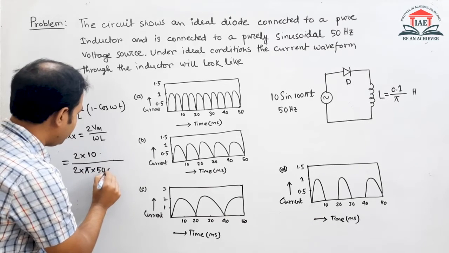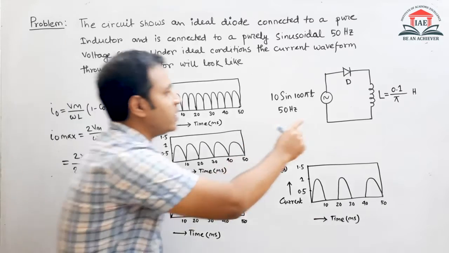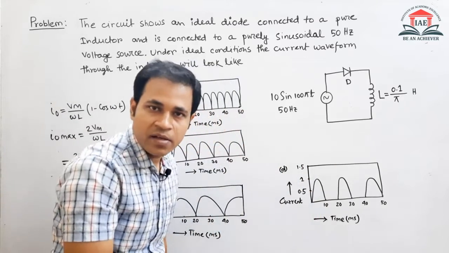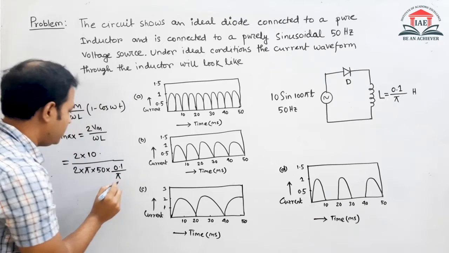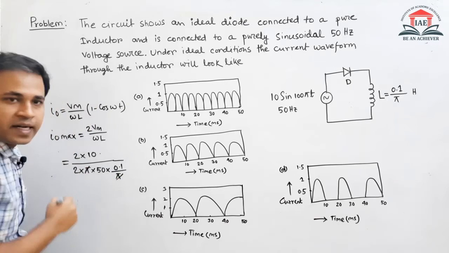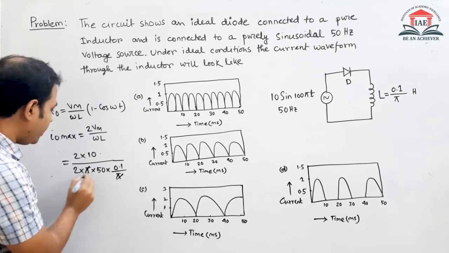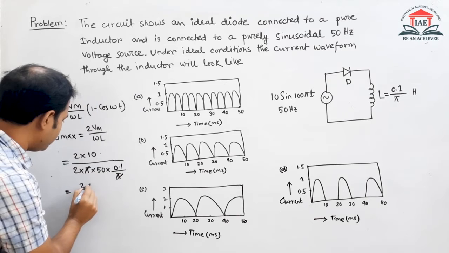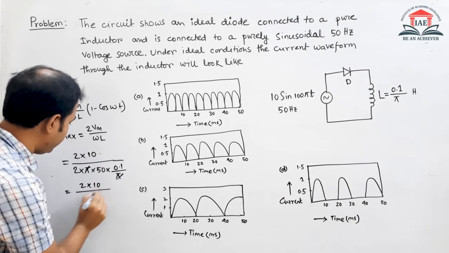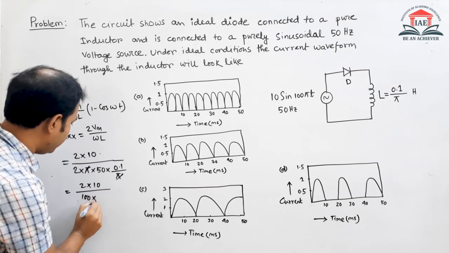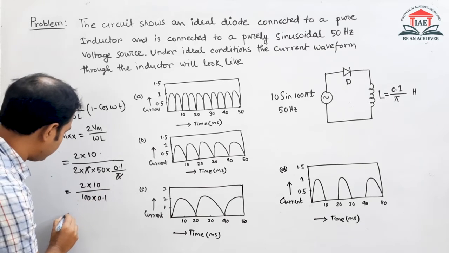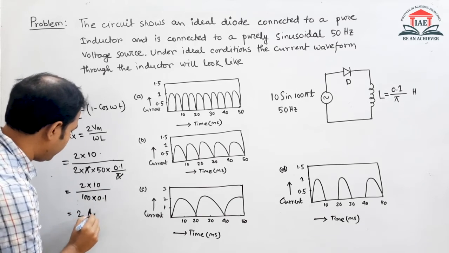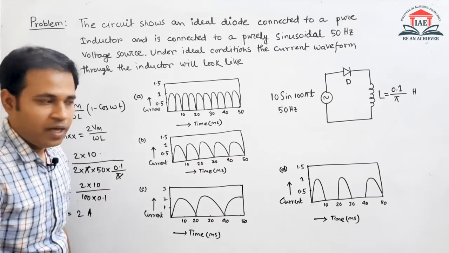Then L is given as 0.1/π Henry. Here π will get cancelled out and 2 into 50 is 100, so 2 into 10 divided by 100 into 0.1, which is nothing but 10, and the answer will be 2 ampere. 2 ampere is the maximum value.